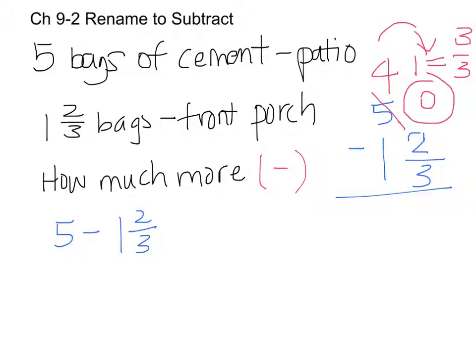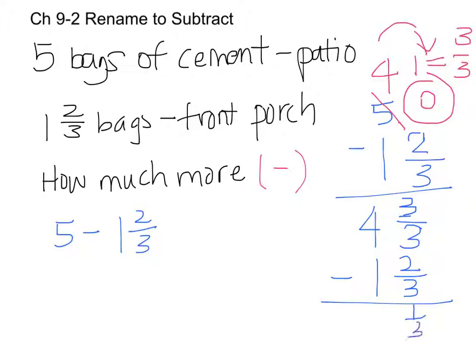So now, instead of it being 0, I'm going to rewrite the problem, and now it's 4 3/3 minus 1 2/3. Okay? Now, do I have a problem that I can subtract with? Yes, I do. So I'm going to take 3/3 and subtract 2/3, and I get 1/3.